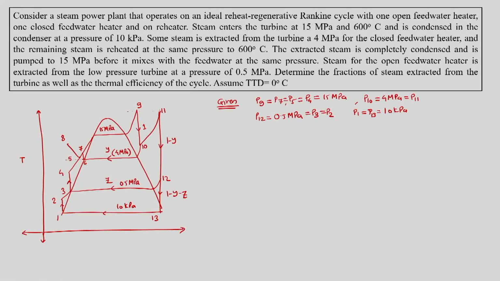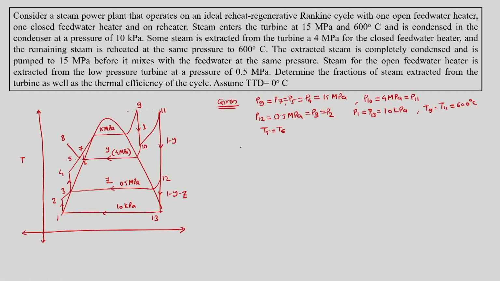Having said this, now we can proceed further. The given things are further T9 is equal to T11 is equal to 600 degrees Celsius. Since TTD is 0, we are also told that T5 is equal to T6.